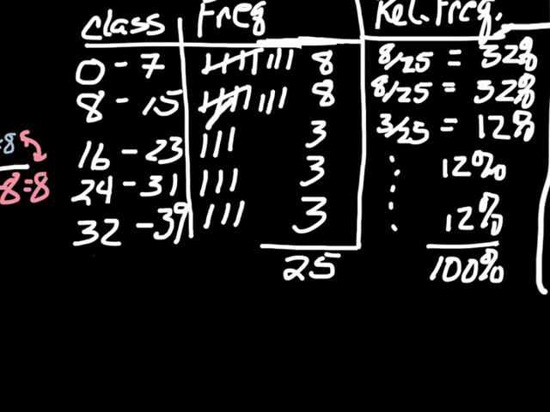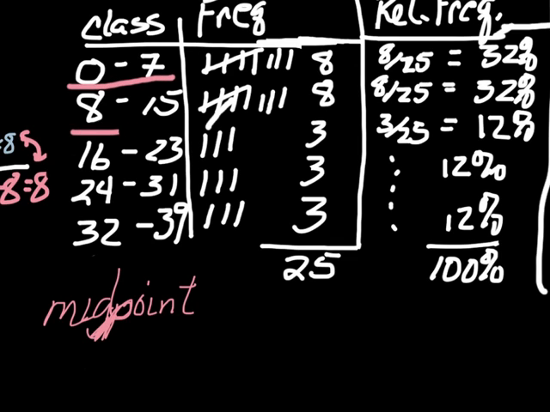So there's one other term we want to define, and that is called the midpoint. Whoops, can't even spell midpoint correctly. The midpoint of an interval is halfway between the upper class and the lower class limits in each case.